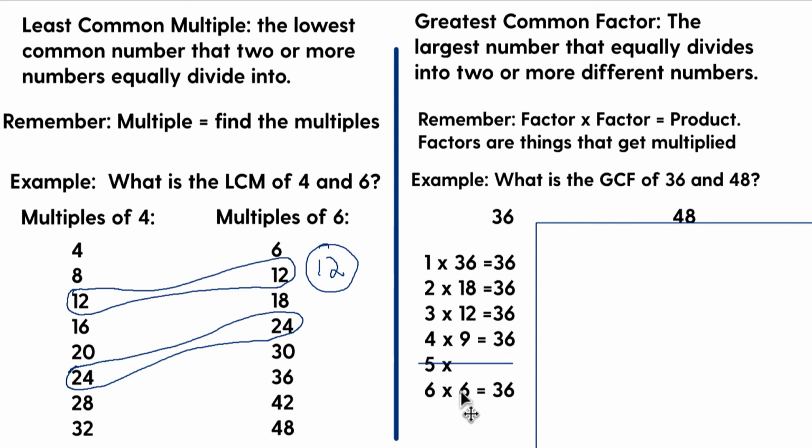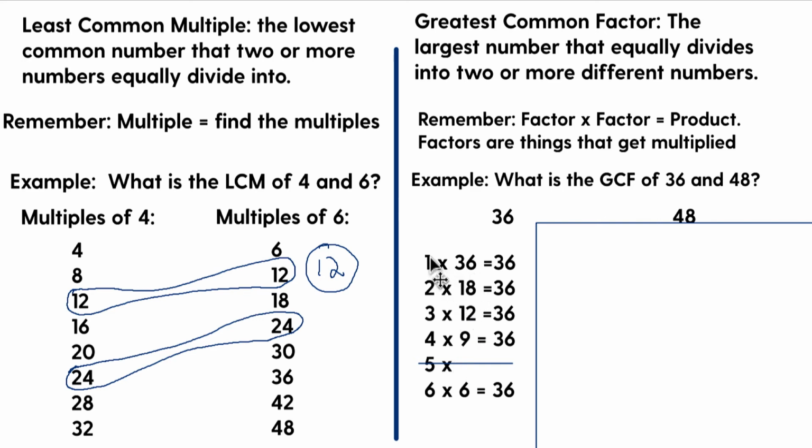And then 6 times 6. 7 doesn't work, 8 doesn't work, and then 9 is here. So you start in this direction, then you start working your way back, but we've already counted these ones. These are all the factors: we've got 1, 2, 3, 4, 5, 6, 7, 8, 9, 10 factors of 36.